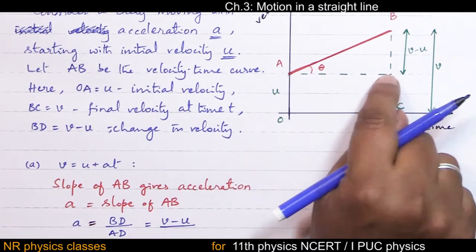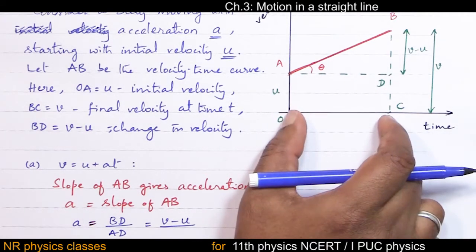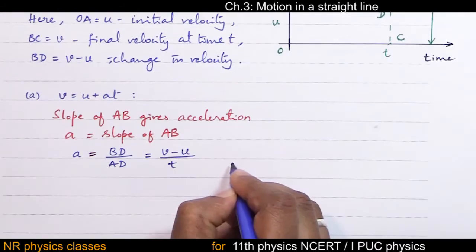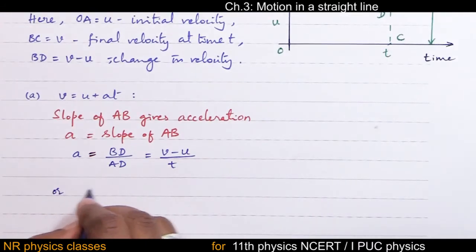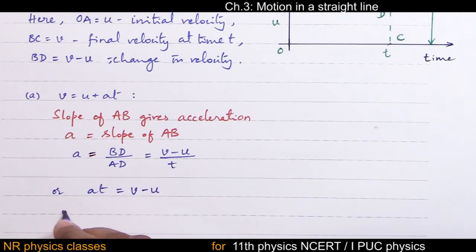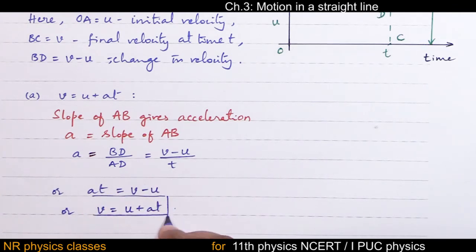AD is nothing but OC, which is nothing but t. Or rearrange: at equal to v minus u, or v equal to u plus at. This is the first equation.